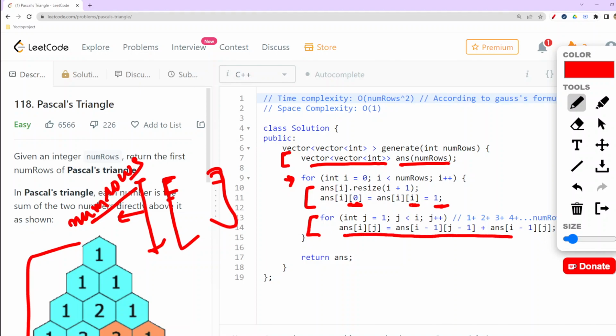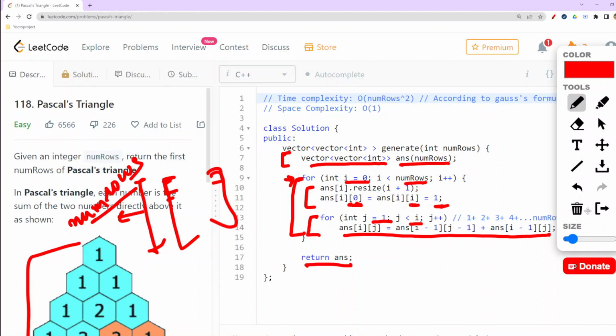So our state is something like this, which I have already told, and even the reason. And the transition is because of all this. Basically, we would be going from 1 to I, and our I would be going from 0 to numRows. So like this, we would be able to get our answer, and then at the end, we would be returning our answer.